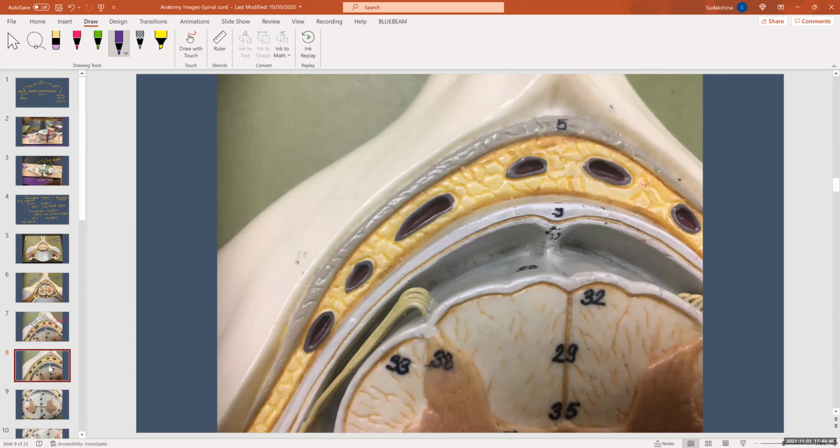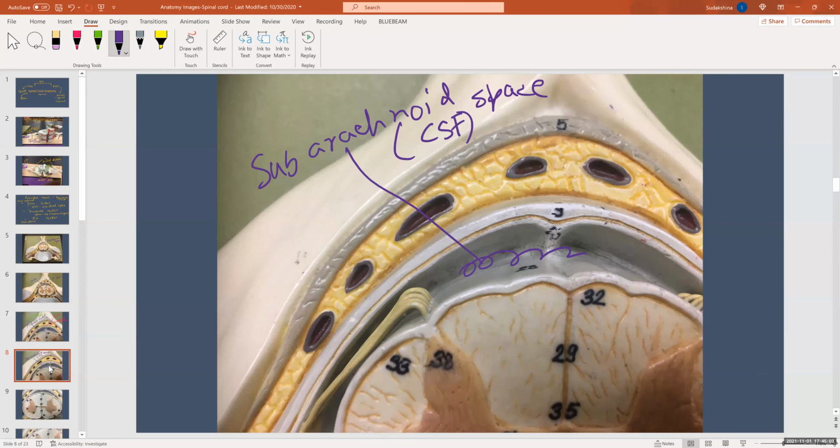So once again, here, this space, subarachnoid space. What is this filled with? It's filled with a fluid known as cerebrospinal fluid, abbreviated as CSF.